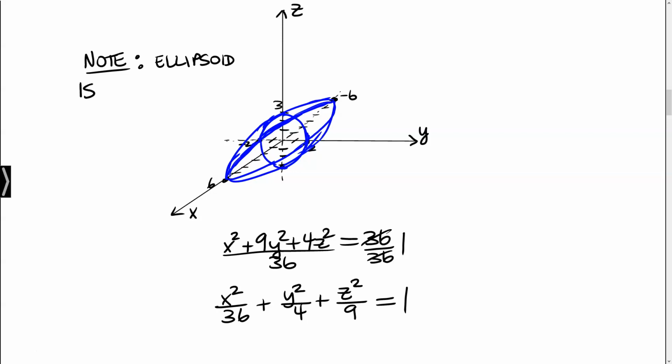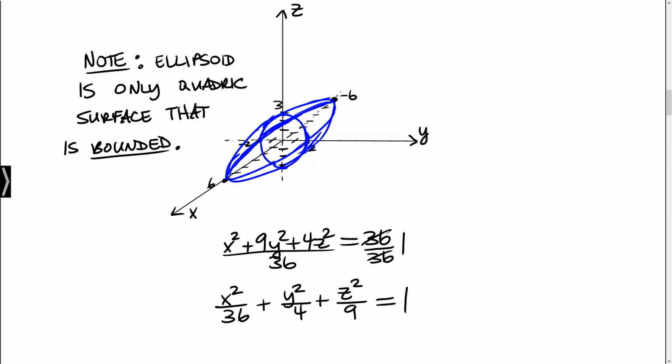What I mean by that is it's the only one that doesn't go shooting off to infinity. You could put it inside of a finite box. So this is the only quadric surface that is bounded.